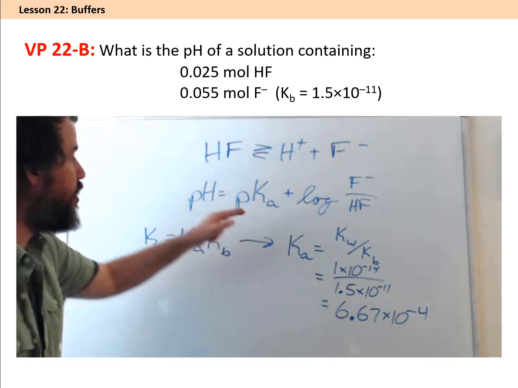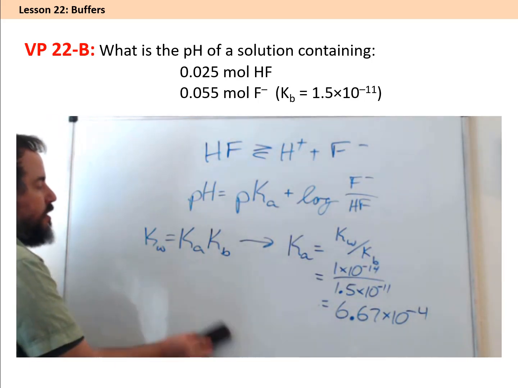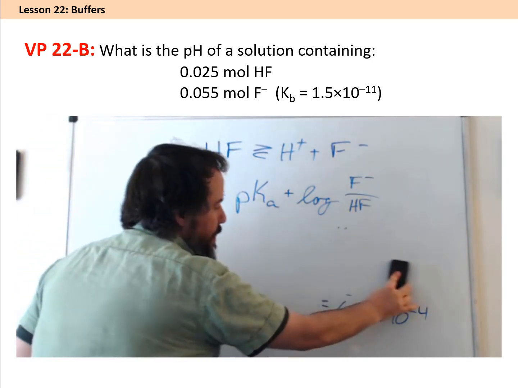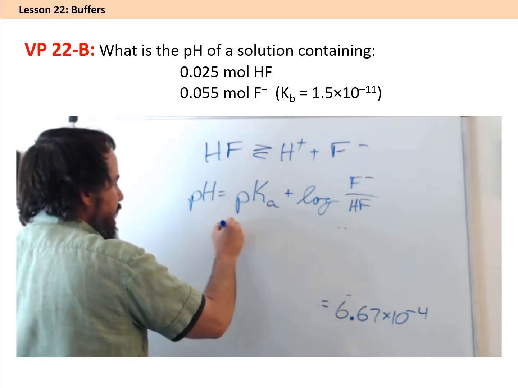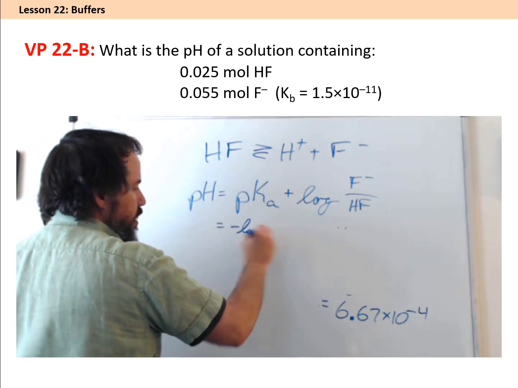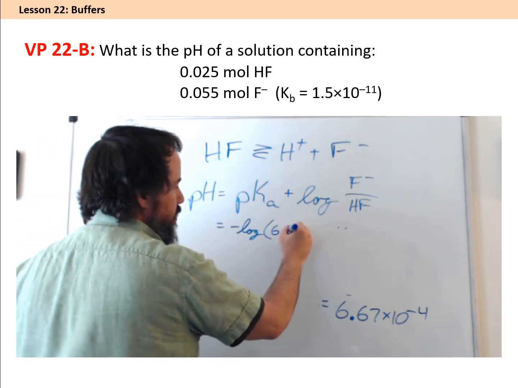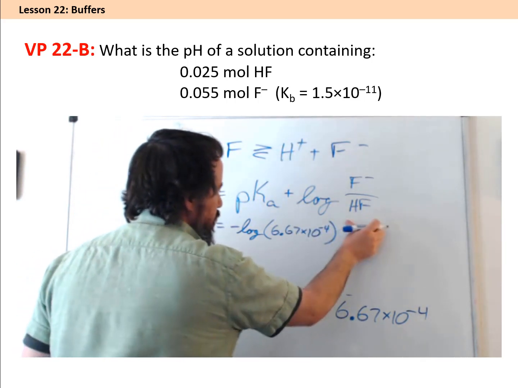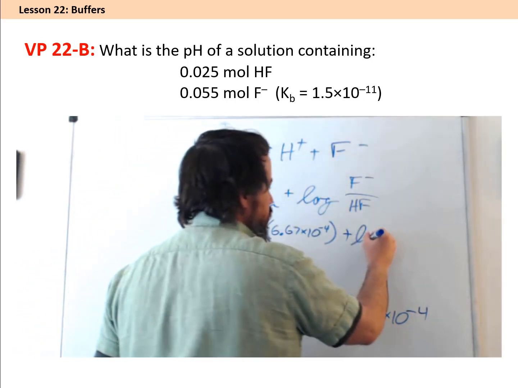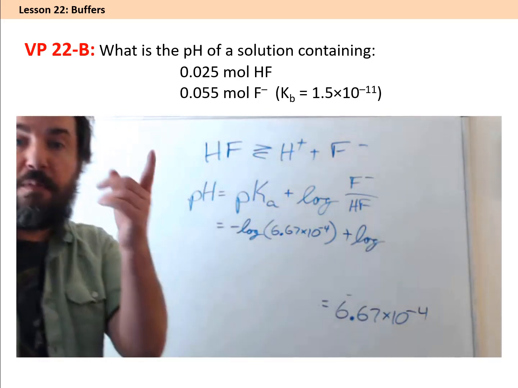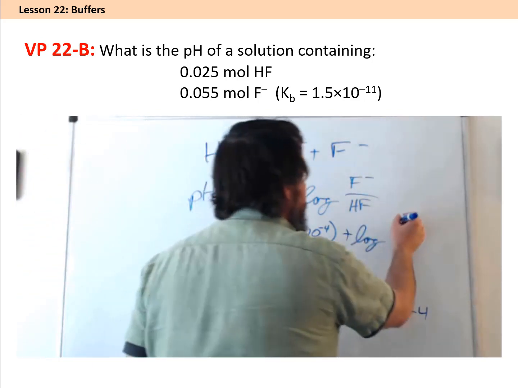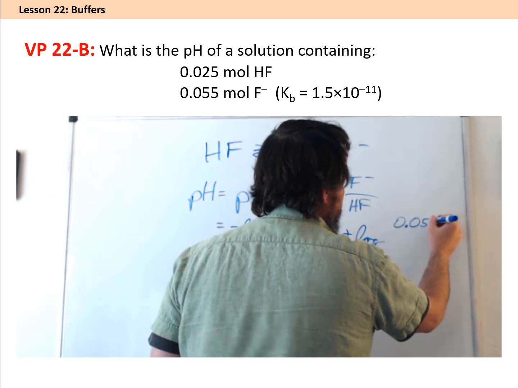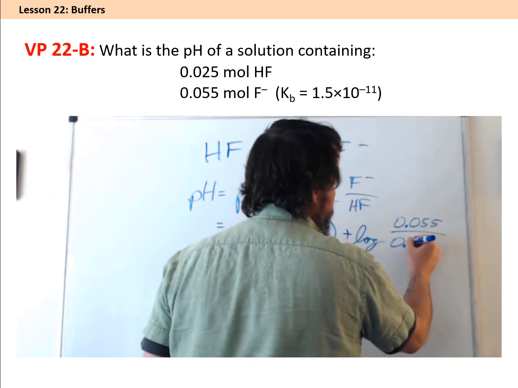So now I can use that in order to find my pKa, because pKa is negative log of my Ka, plus the log of F minus, I'm told I have 0.055 over 0.025.